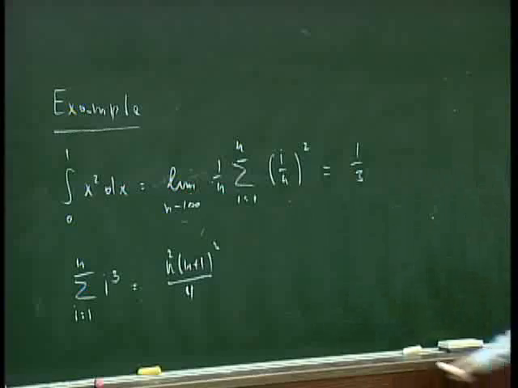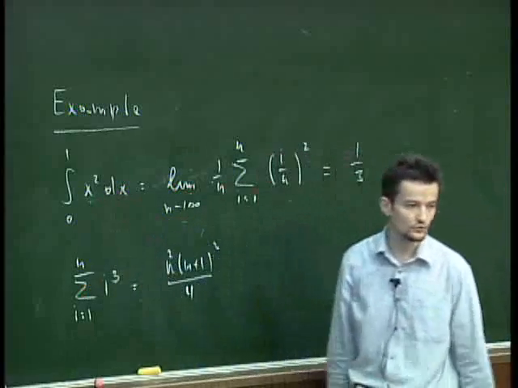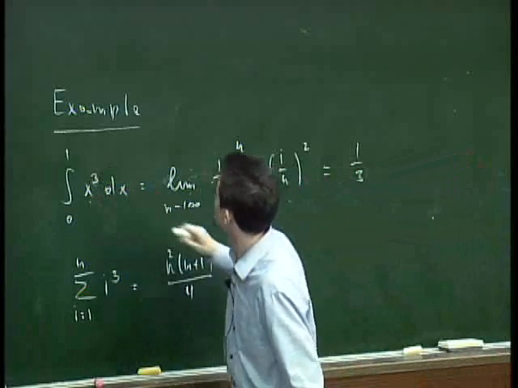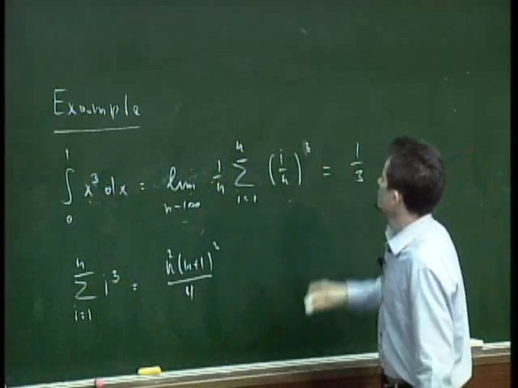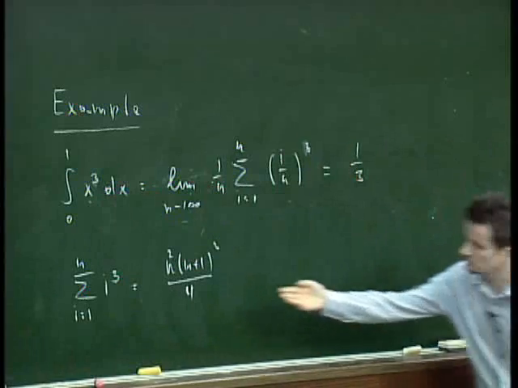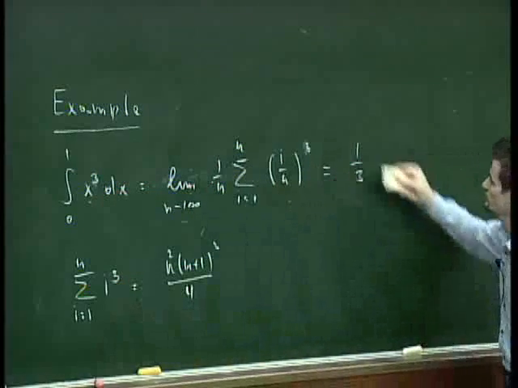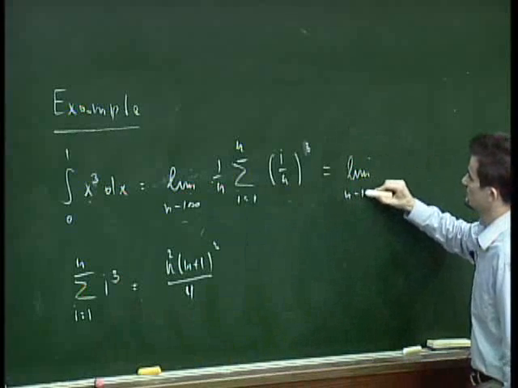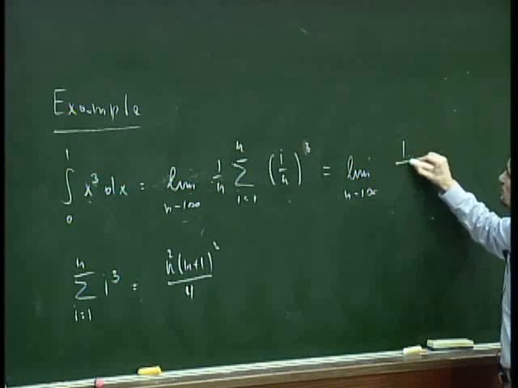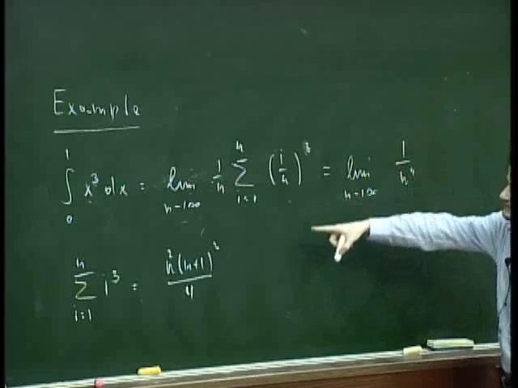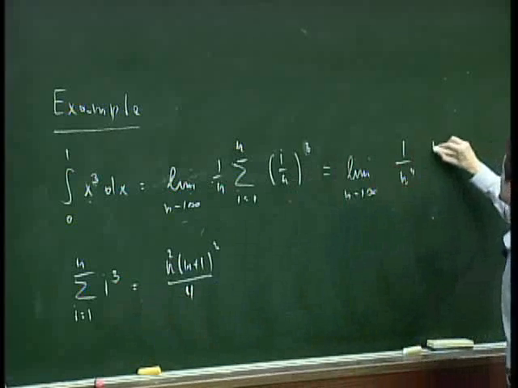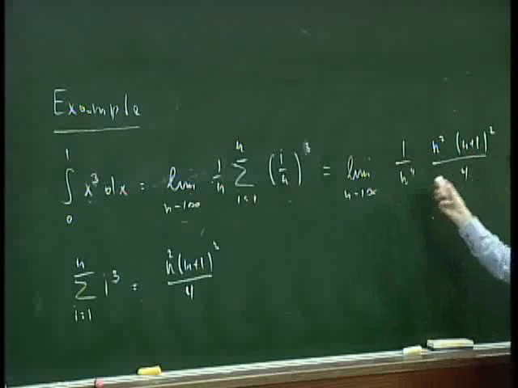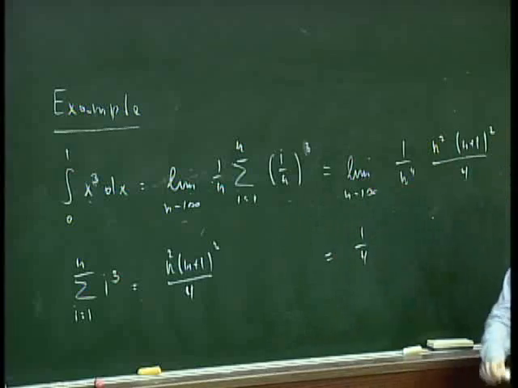For instance, if you want to replace the x here by x to the cube, then you have a similar sum, and then you have to use such a formula. So in this case, you have the limit as n tends to infinity of 1 over n to the 4. Now the sum here is exactly this one, so you plug this in, so you have n squared (n plus 1) squared over 4, and this limit indeed is 1 over 4.